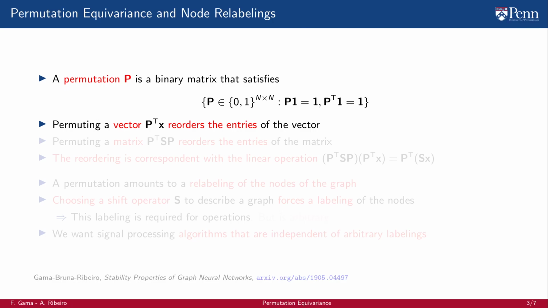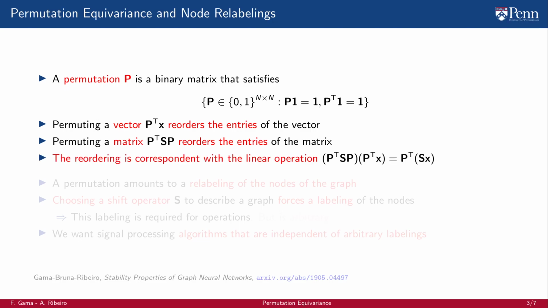Applying the permutation matrix P transpose to a vector x amounts to reordering the entries of the vector, and applying the permutation matrix to another matrix, P transpose S P, amounts to a reordering of the entries of the matrix. It is important to note that the reordering caused by the permutation matrix is correspondent with the linear operation.